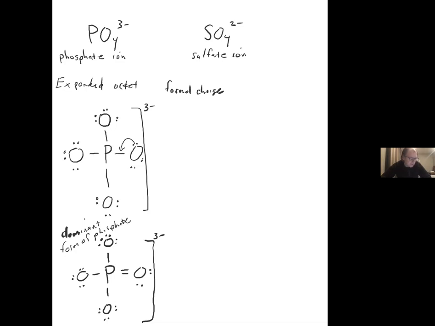And here's how you do the formal charge. Just take the central atom. And the central atom in this case is phosphorus, right? Count up how many valence electrons it has. Now, phosphorus is in group 5A, so it has 5 valence electrons, right? Okay. Then what you do is you consider the octet.